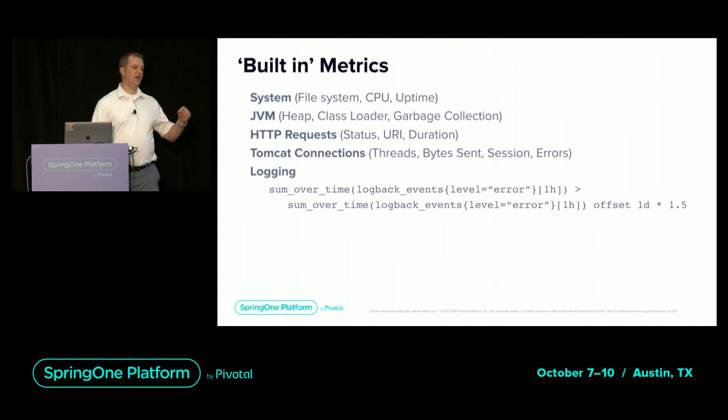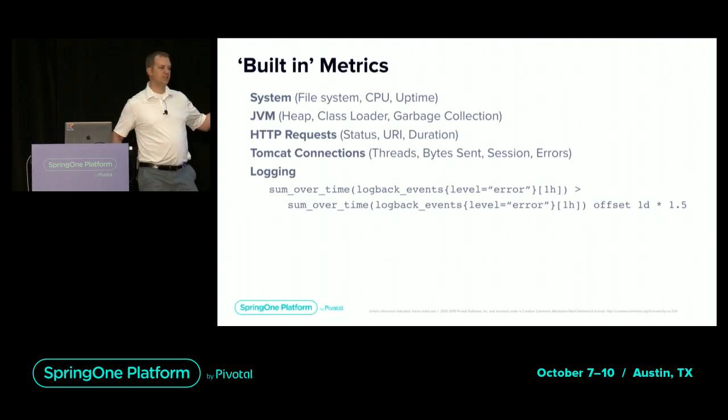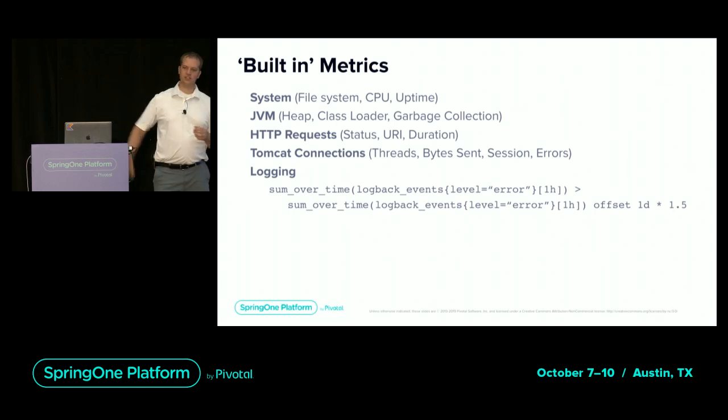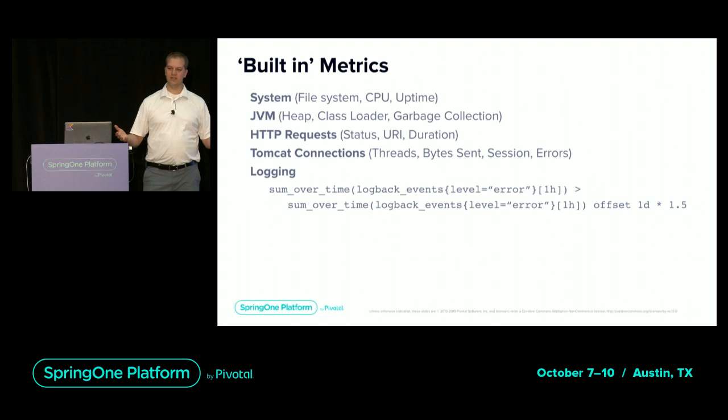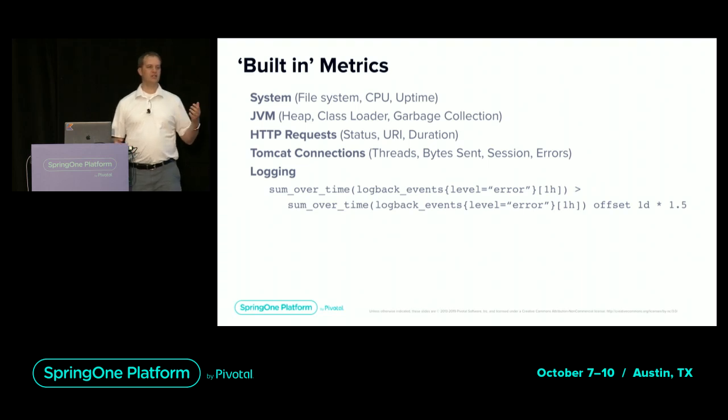One that I find immediately useful is the logging one, and you'll get a logback metric, at least by default if you're using Logback. There's an equivalent for Log4j. What's really cool about that is you could go to your logging system and say, hey, how many errors have there been in the last hour? But since Micrometer is already publishing that as a metric, you can do something like this.